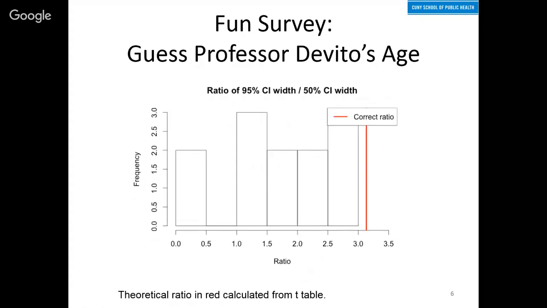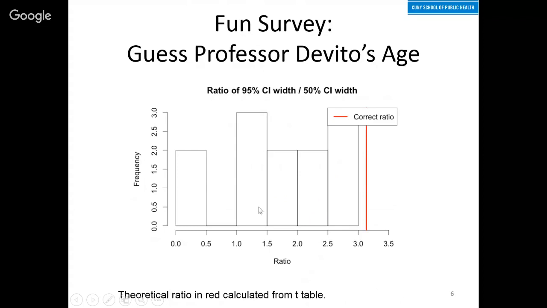Oh yeah, and as I promised, I did this calculation also of what the actual ratio is between a 50% confidence interval and a 95% confidence interval under the t distribution, and what the ratio was in all of your guesses.